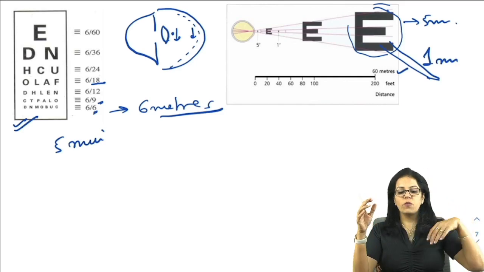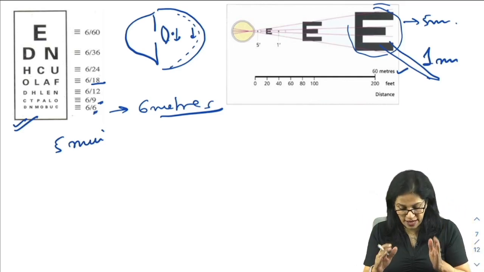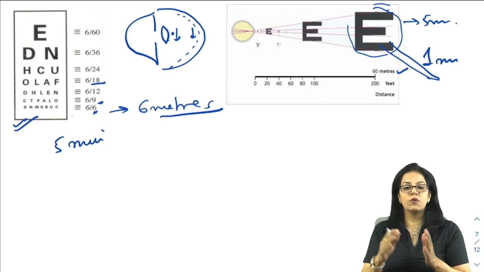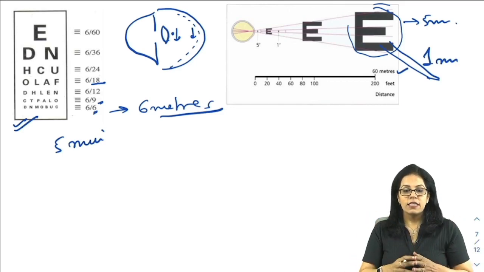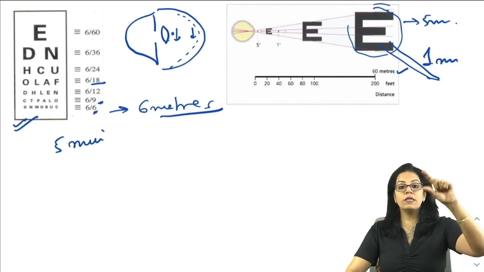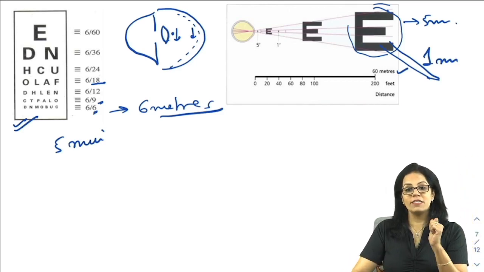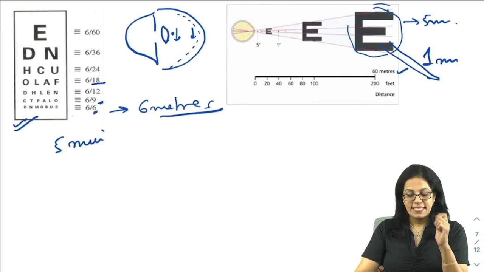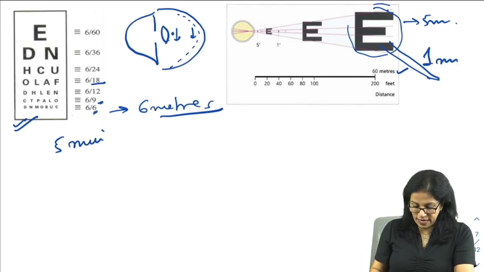Correct? Okay, so once we know this, suppose they ask you, tell me E letter subtends an angle of 5 minutes and 1 minute at 60 meters. How much angle is it going to subtend at 6 meters where the patient is sitting? Then how will you solve? Any angle that is subtended, the simple method is you first calculate the minimum angle of resolution.